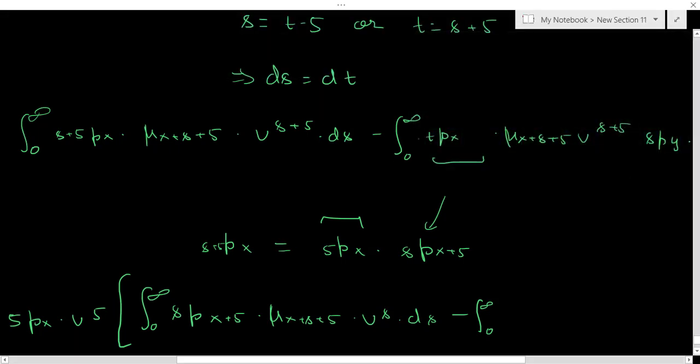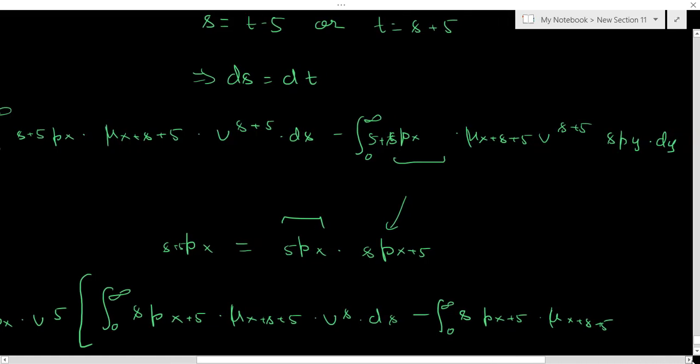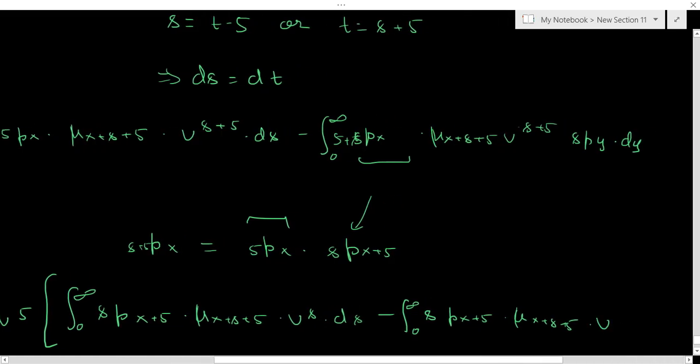Right. So this was 5 plus s, right? So out of this part comes out and I'm left with this. So this becomes s p x plus 5, mu x plus s plus 5, and v to the power of s plus 5.